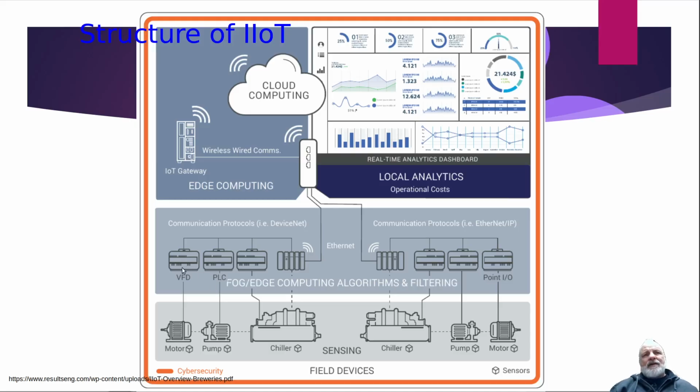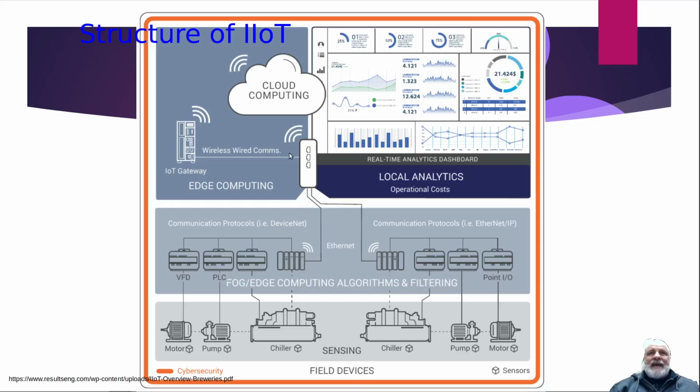We have something called a VFD, which is a variable frequency drive, which controls the speed of the motor. The PLC is controlling the variable frequency drive and controlling different aspects. We're going to have sensors down here that are sensing what the temperature is, various different things like that. And then the PLC decides how fast to run the motor to keep the temperature at the desired temperature.